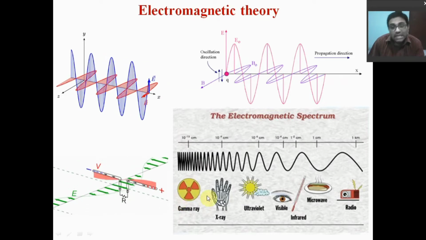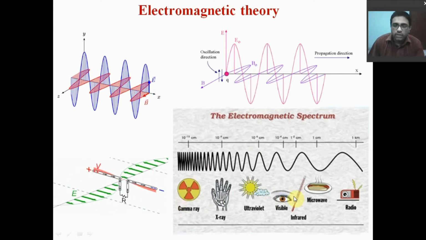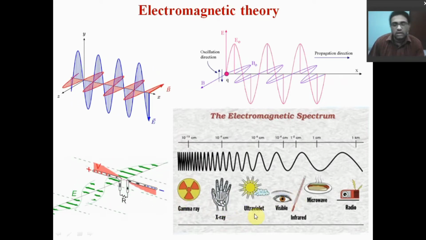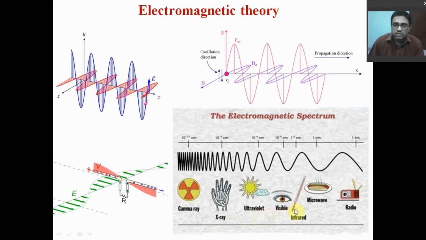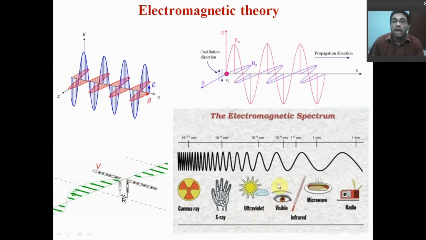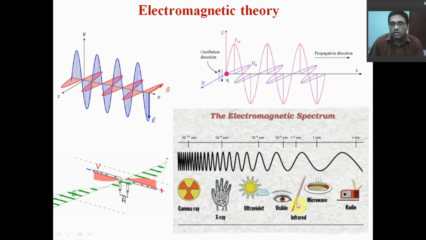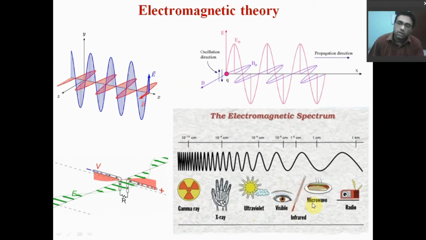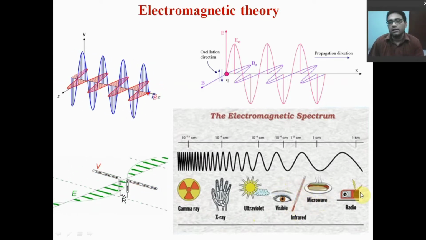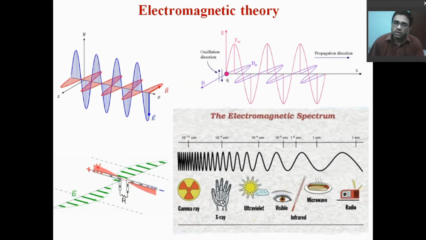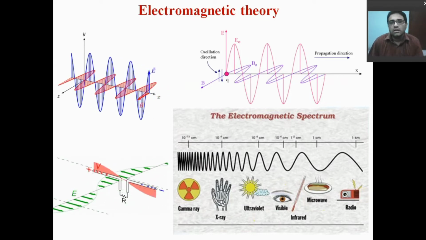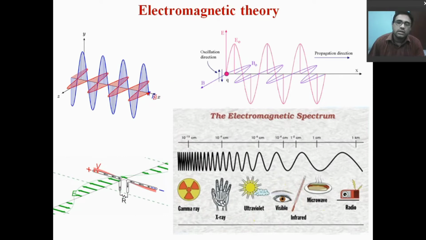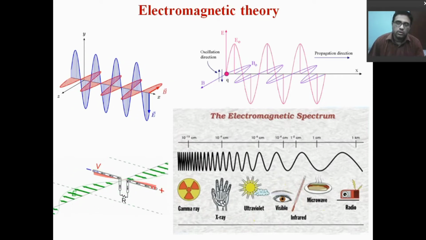In increasing order of wavelength, first we have X-ray, then ultraviolet ray. Then this is the visible region where we have 7 colors, then the infrared region, then the microwave region, and then the radio wave region.